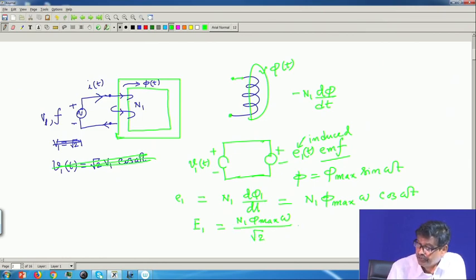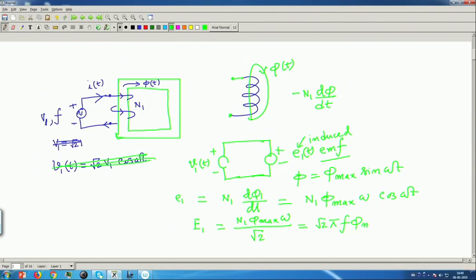For omega, if you substitute 2 pi f, it will become root 2 pi f phi max into N1. I am not so much bothered about this minus 1. My intention here is to calculate the RMS value of the induced voltage. Differentiate it, you get the peak value, divide by root 2 and that will give you the RMS voltage.